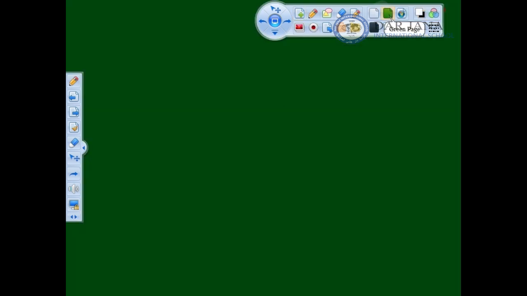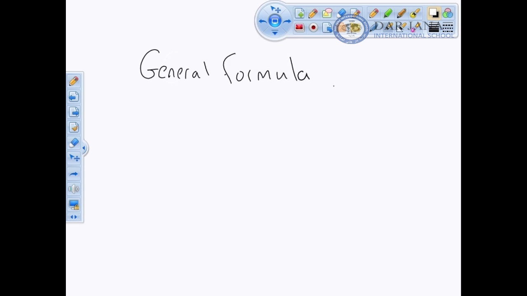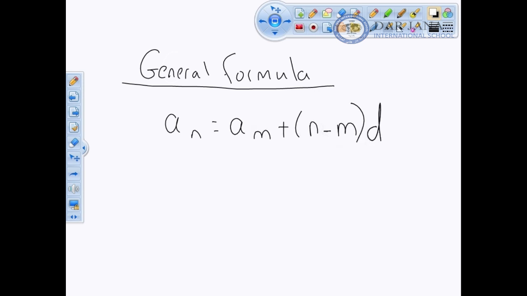We have a general formula, which is an is equal am plus n minus m times d.